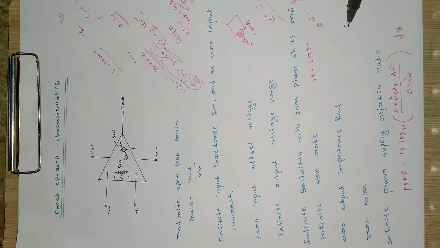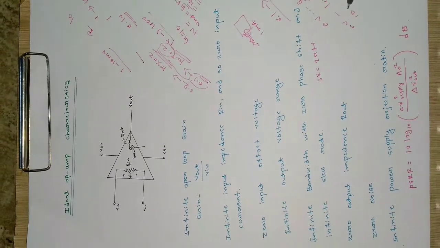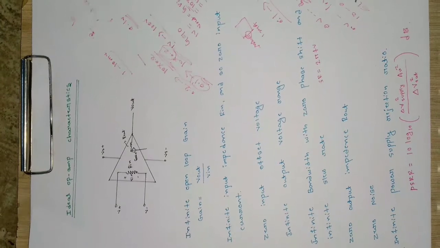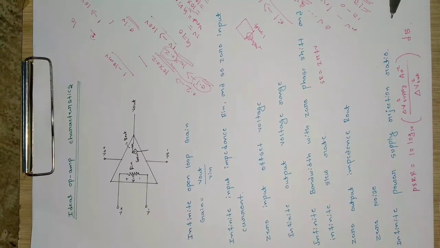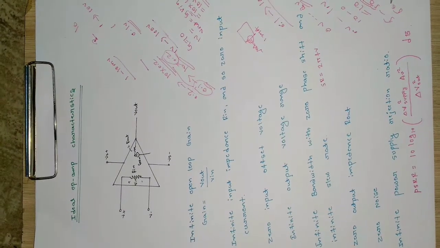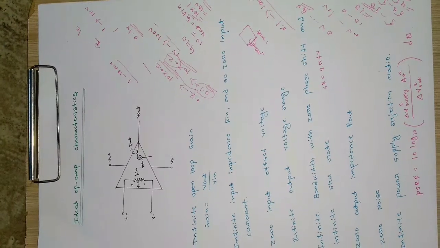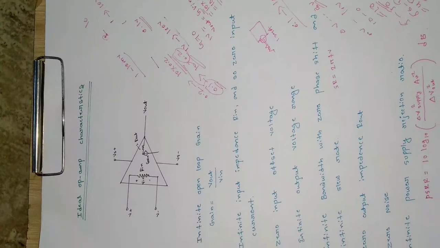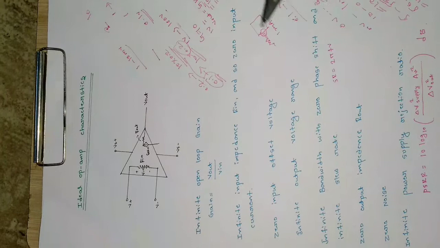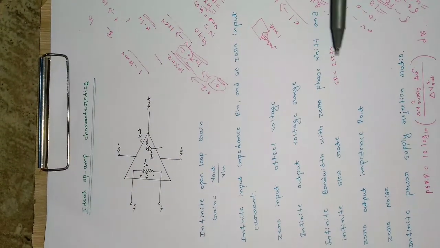It can be 0 volt to 10 volt, in which case 10 minus 0, that is 10 volt, is the bandwidth. If it is from 5 to 50 volt, then 50 minus 5, that will be 45 volt. So this is the bandwidth. We expect a very large bandwidth.